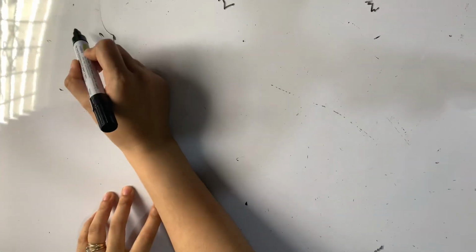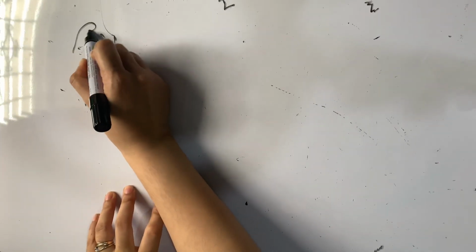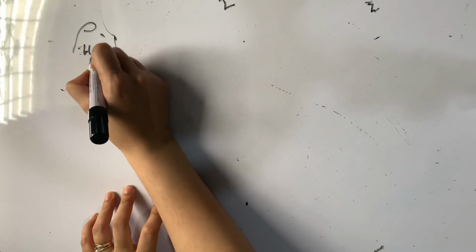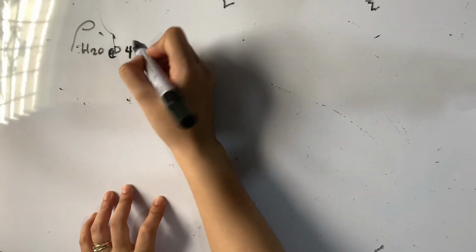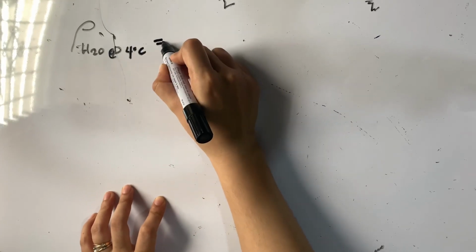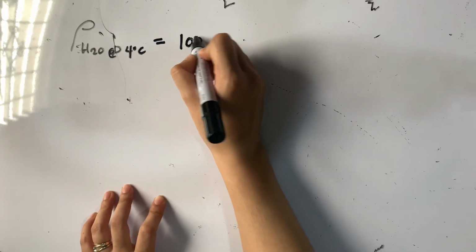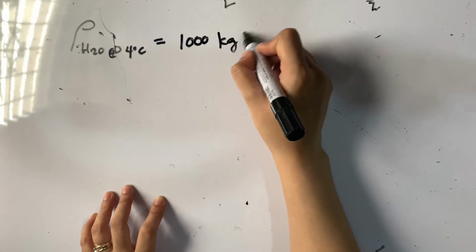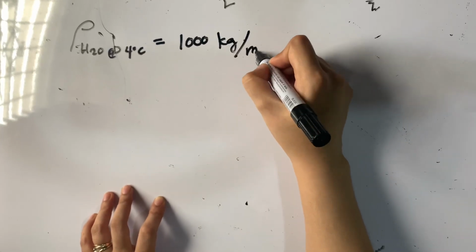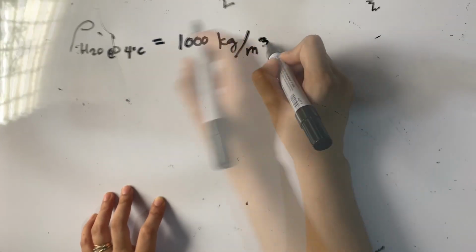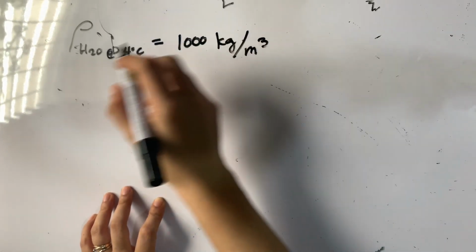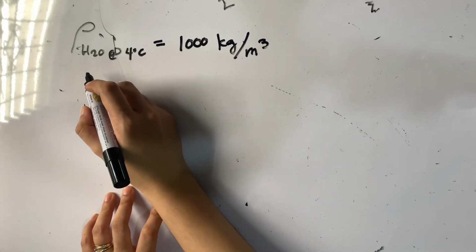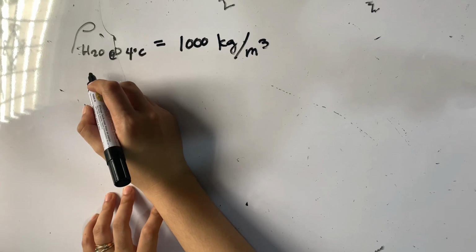Take note, class, that the density of water at 4 degrees Celsius is equal to 1,000 kilograms per cubic meter. Mind that 4 degrees Celsius is the temperature at which liquid water has the highest density.